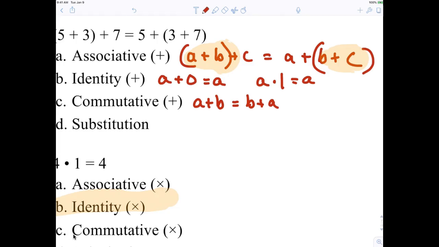Now, the substitution property allows you to substitute one equal thing for another equal thing. Let's say I said x plus y, and over here x was equal to 3. I could substitute 3 in for x, so you could say 3 plus y. That makes sense now? All right, that's good.